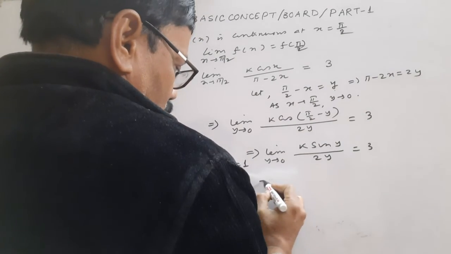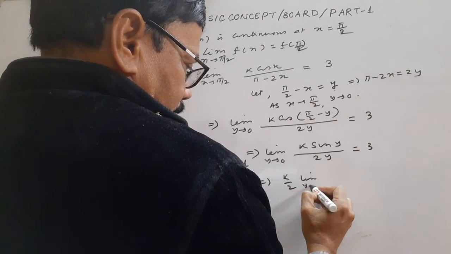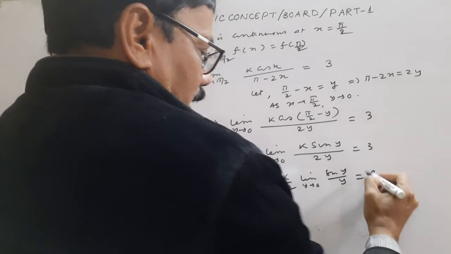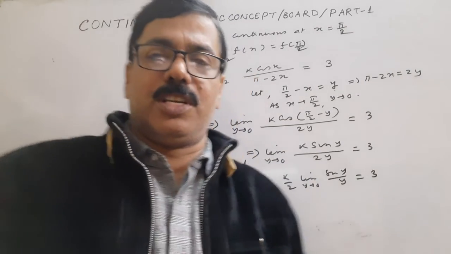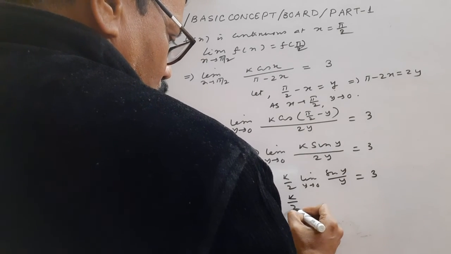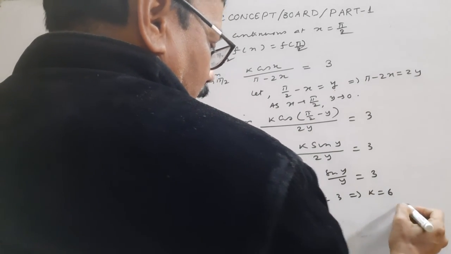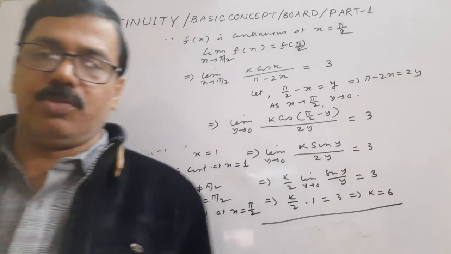So k by 2 is outside the limit. So this is our main aim, to convert it in terms of a non-trigonometric limit. So k by 2 into 1 equals to 3. This implies k equals to 6.